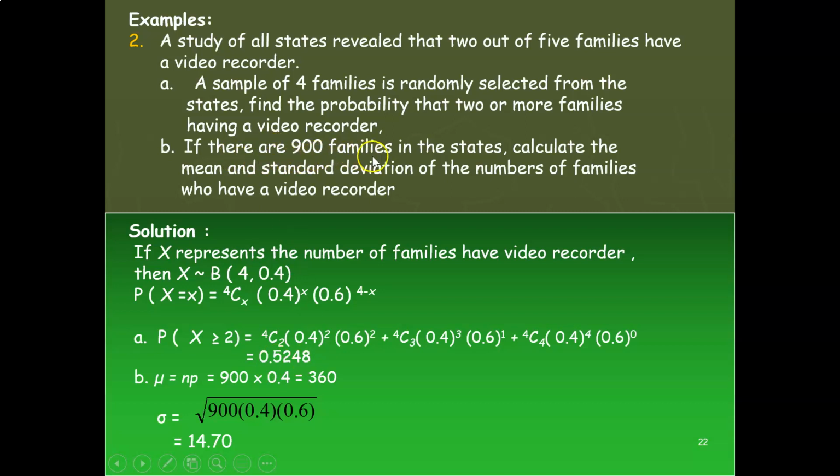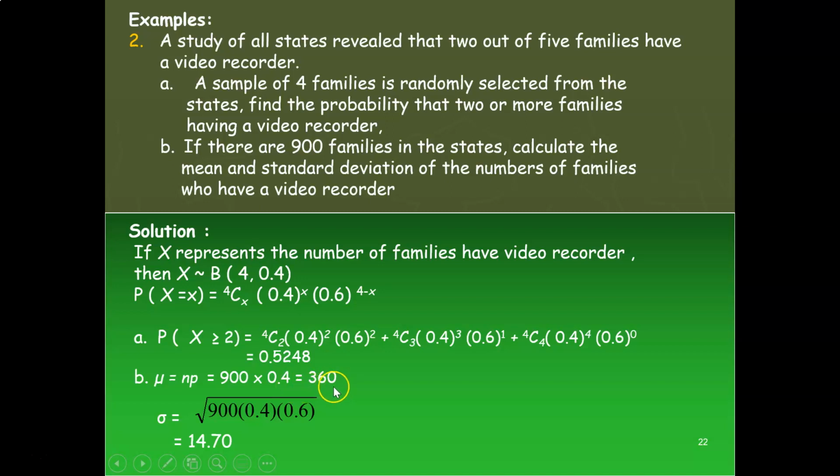If there are 900 families in the stat, so now you have n equal to 900. Calculate the mean and standard deviation of the number of families who have a video recorder. So you need to find the mean, mu, or your E(X) equal to np. The new n is 900 times p equal to 0.4, which is 360.